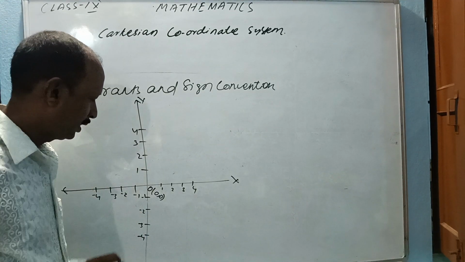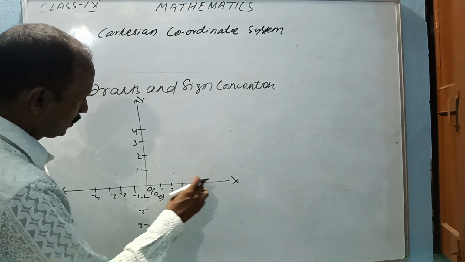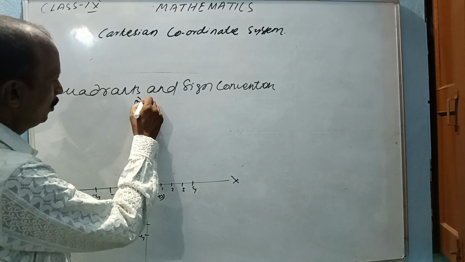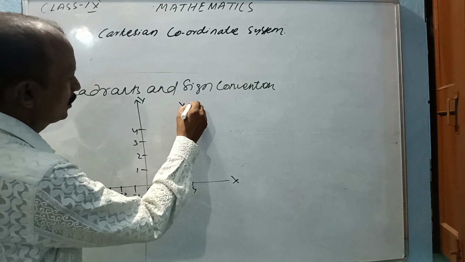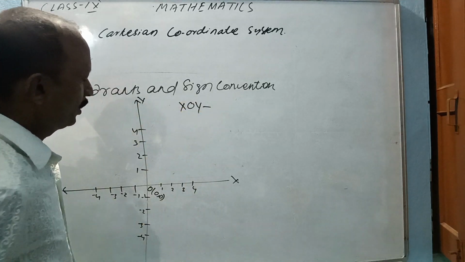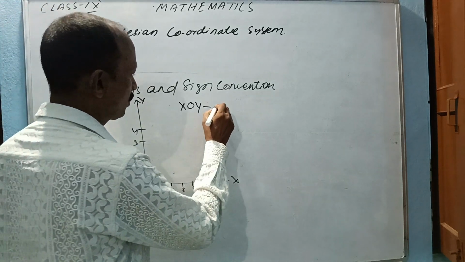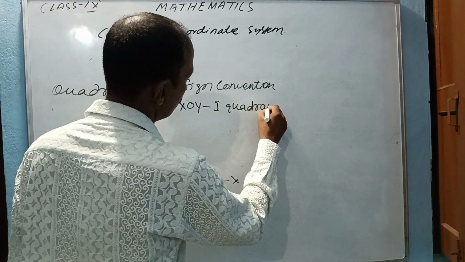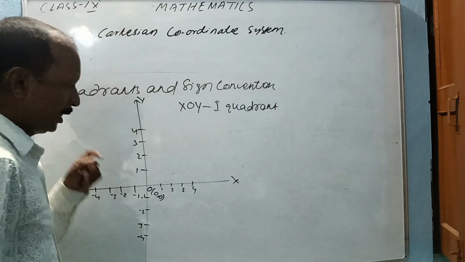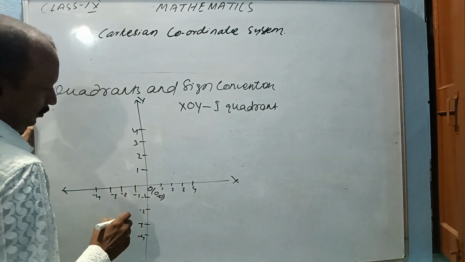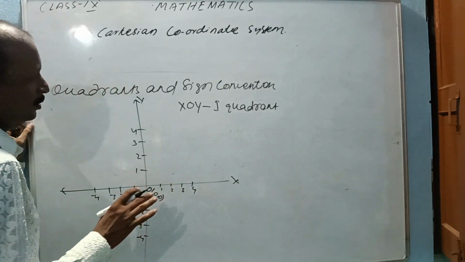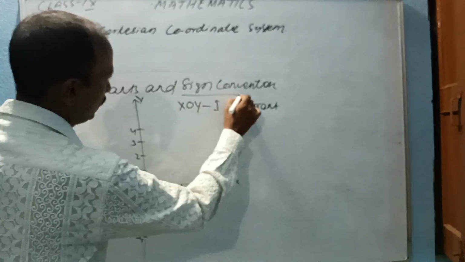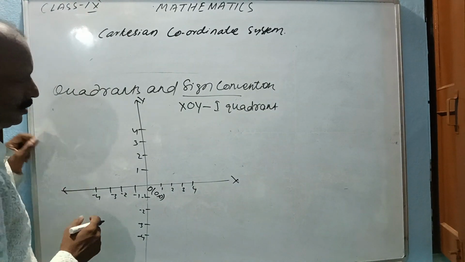See here. This is x, o, y. This is called the first quadrant. In this first quadrant, suppose I write the sign convention.